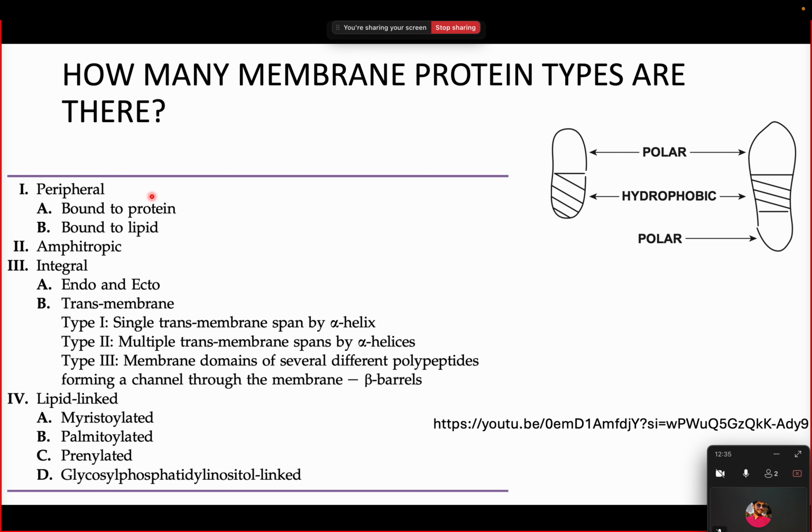Okay, then last but not least, we have lipid linked proteins. So lipid linked proteins can be classified further depending upon what kind of linkage is associated with the protein. It can be myristoylated, palmitoylated, prenylated, GPI anchored or linked proteins. Okay, so we'll see in detail in the coming slides.